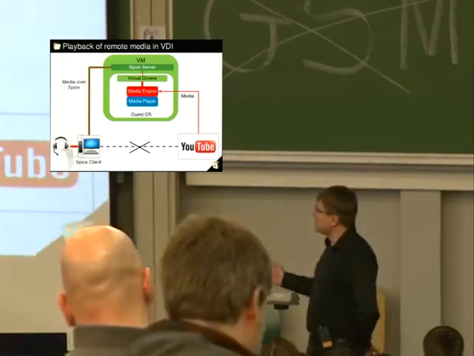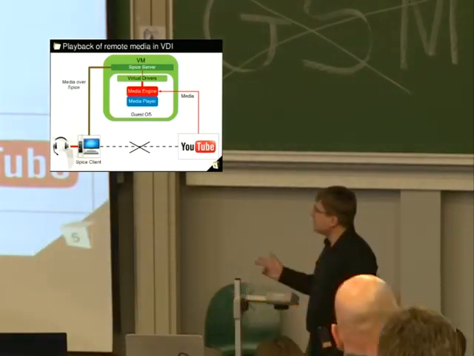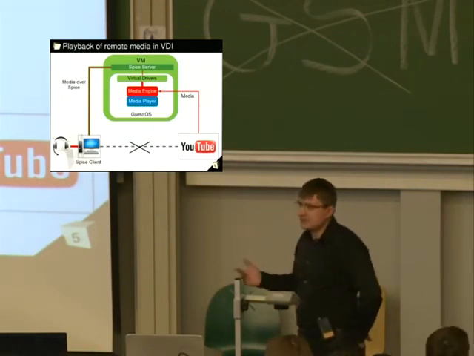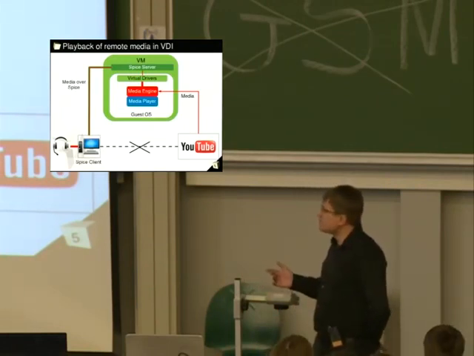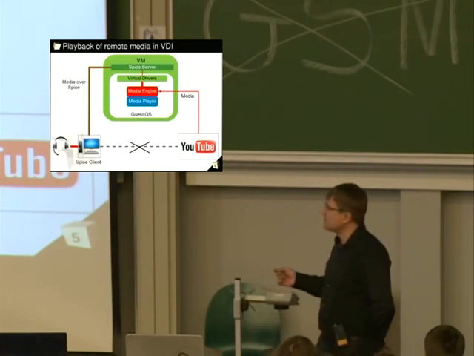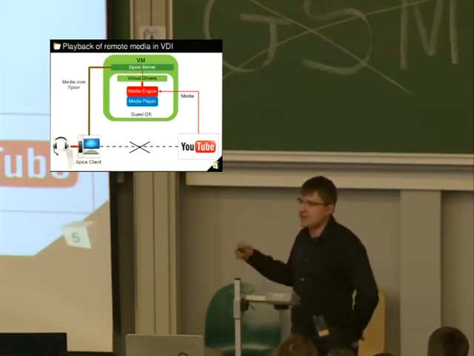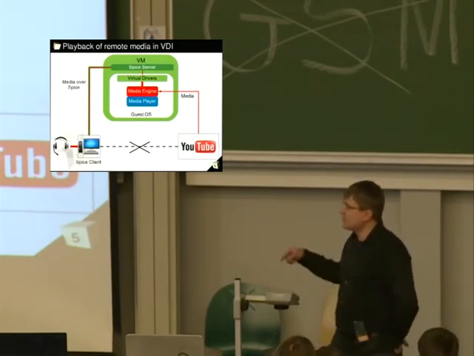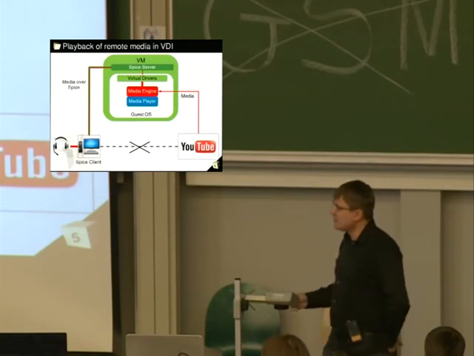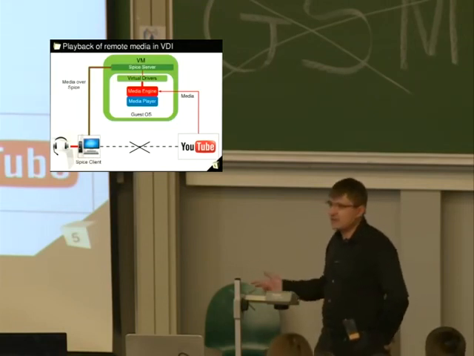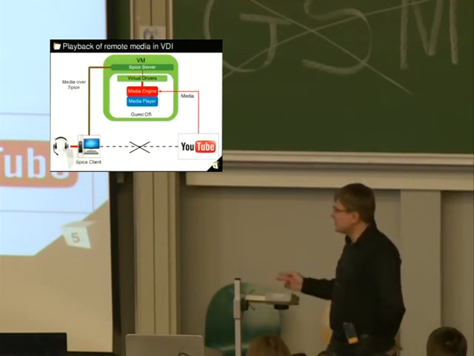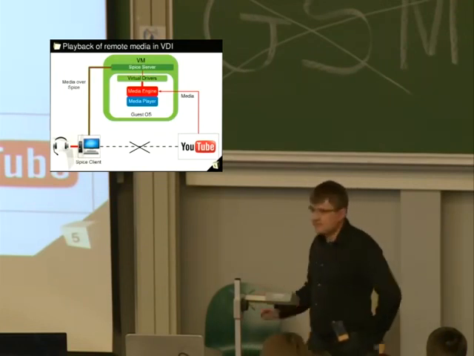The player connects, and the media is played locally by that player and decoded into the virtual devices and drivers. They then handle it and get it to the Spice server, which then encodes it once again. This happens at the host. And the media is then transferred over a Spice channel to the Spice client, and then once again decoded and played out. So we see that this is not very efficient.